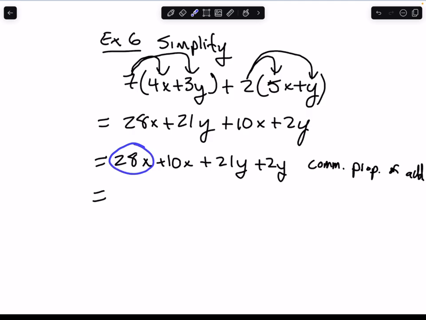So 28x plus 10x, those are the same type of animal. 28 plus 10 is 38, and we retain our variable factor x. And then 21y plus 2y is 21 plus 2, which is 23y. So that's our fully simplified result after combining like terms.